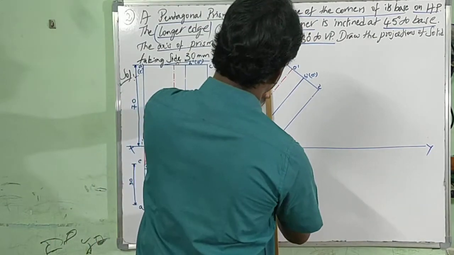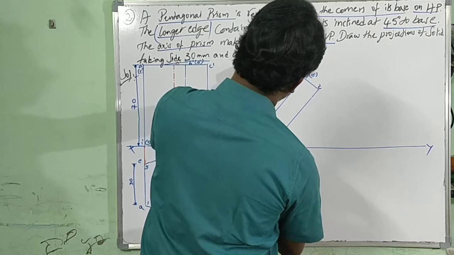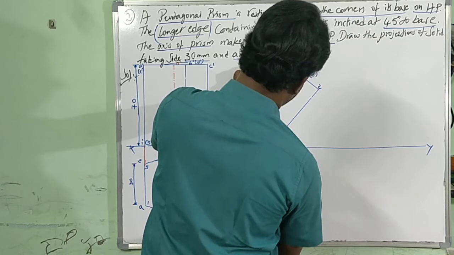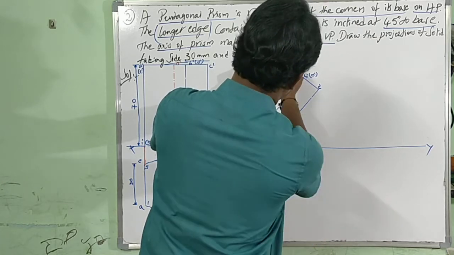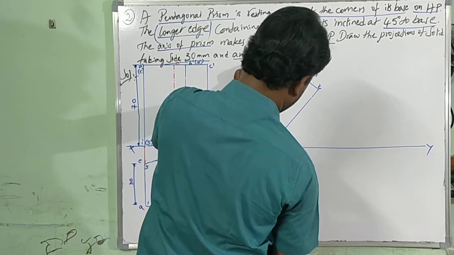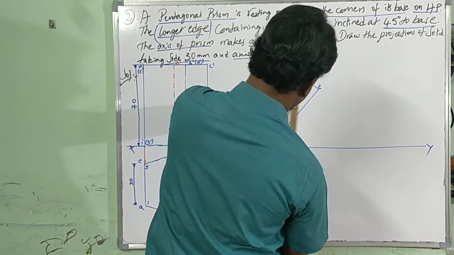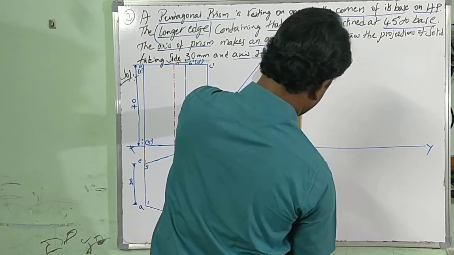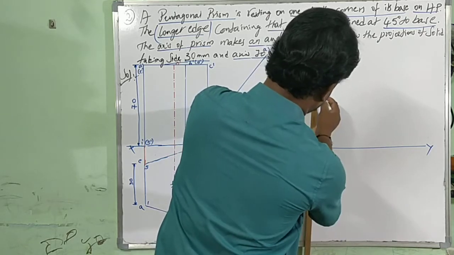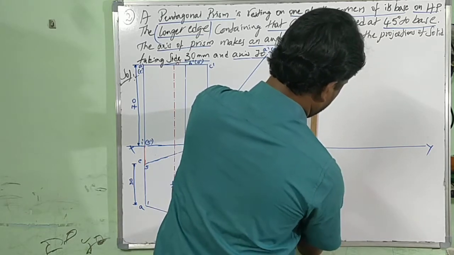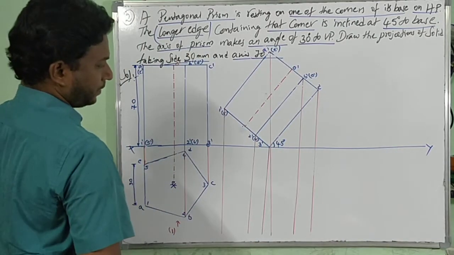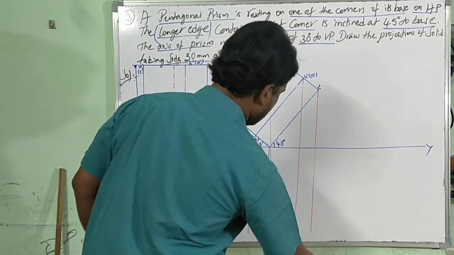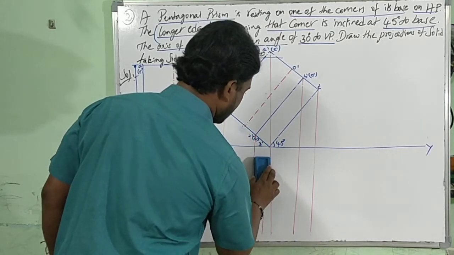Now from A dash, B dash, C dash, here I have drawn wrong. There will be a gap here to maintain that.